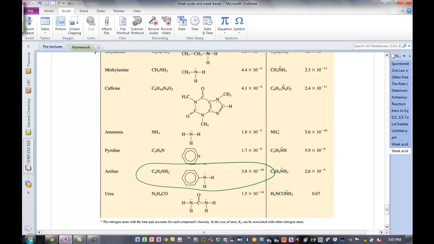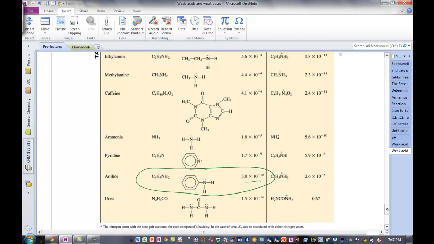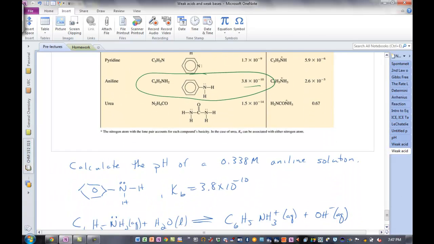There's its Kb value, 3.8 times 10 to the negative 10th. And look at the structure. I'm going to scroll down. I have the structure drawn again down here. We have that feature where we have nitrogen with 3, and I should just color those in, 3 single bonds. Okay, so that's only 6 electrons.